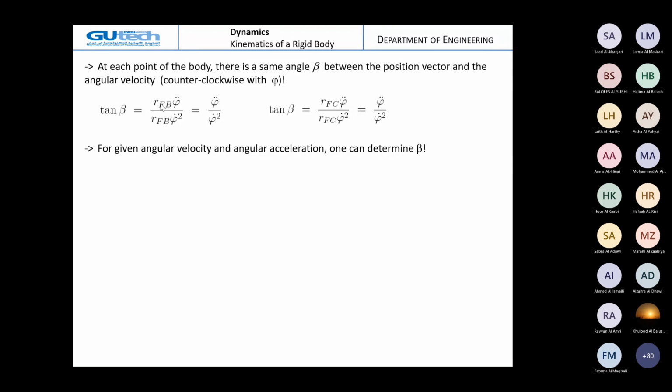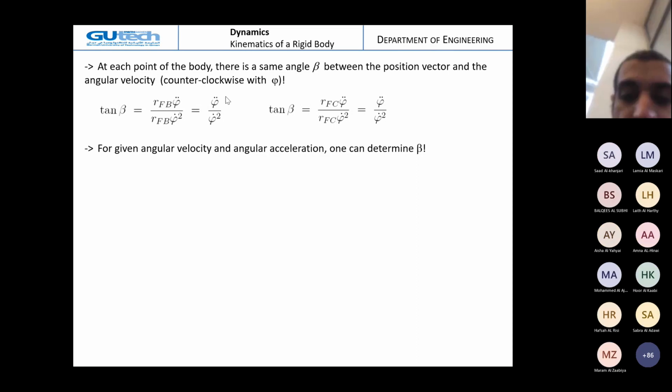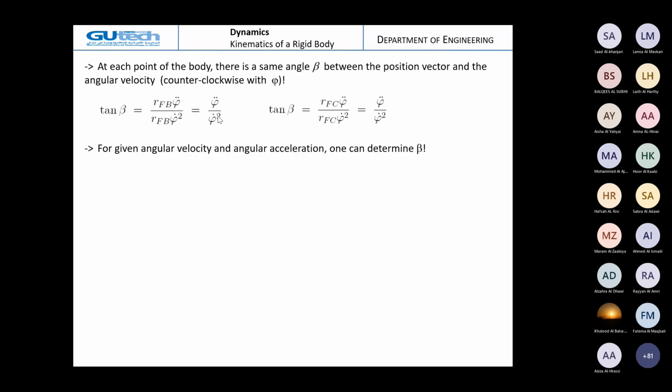We have the same position RFB, which means it will always be defined by phi dot dot over phi dot squared. If we write it in angular velocity or angular acceleration, it will be omega dot divided by omega squared. The same principle applies if we take the point C, and we will get the same equation. Then for given angular velocity and angular acceleration, we can determine the angle beta.